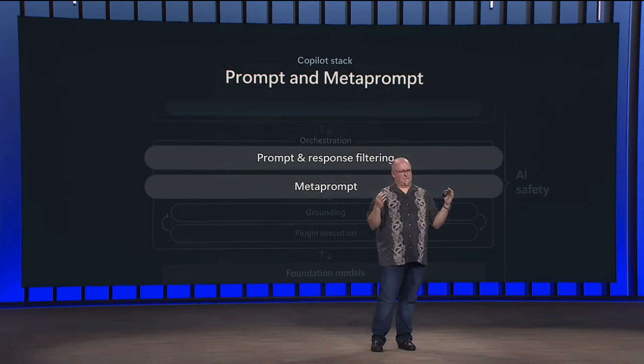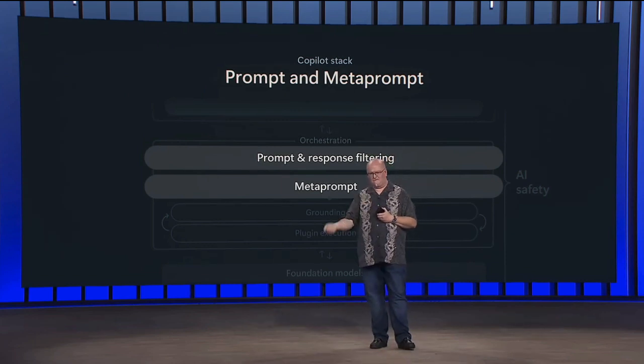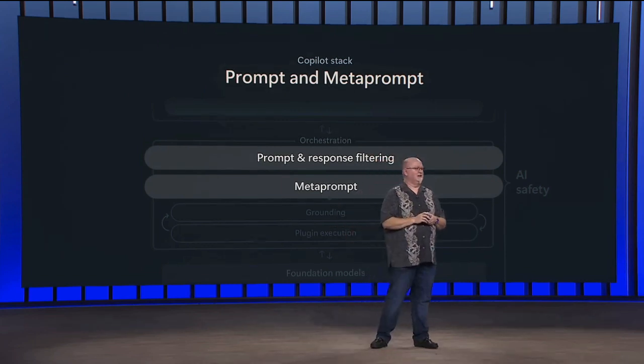You also have this unit of prompt code called the meta prompt. And the meta prompt is the standing set of instructions that you give to your copilot that get passed down to the model on every turn of conversation that tells it how to accommodate itself to the copilot that you're trying to build. It's where a bunch of your safety tuning is going to happen. It's where you tell the model what personality you want it to have.